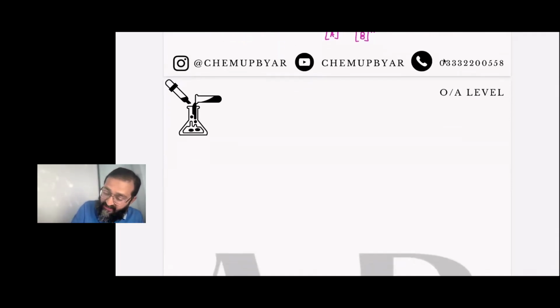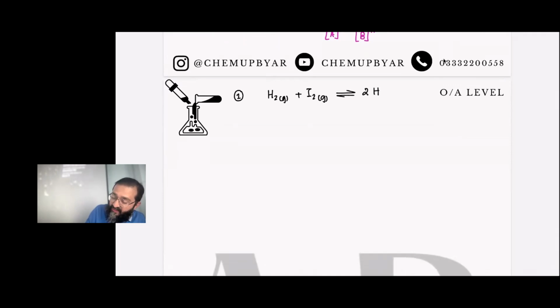So the first equation, I have hydrogen gas reacting with iodine gas, forming 2 moles of hydrogen iodide.